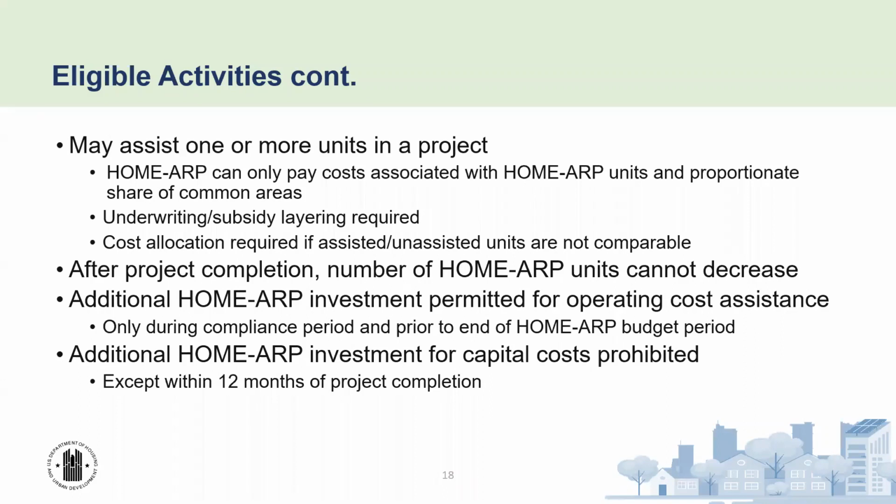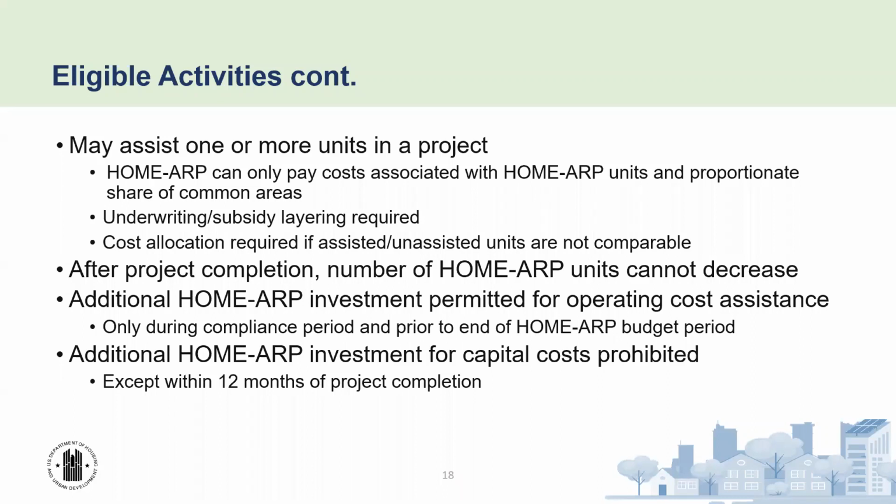So the PJ can assist one or more units in a project, but only the eligible development costs of the HOME-ARP units and a proportionate share of common areas can be charged to the program. Underwriting and subsidy layering are required, as is cost allocation.